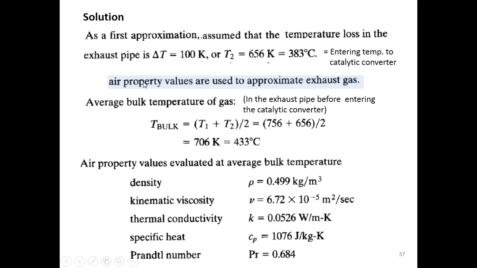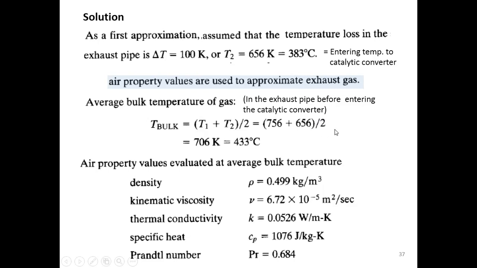The air property values that we use, we use the approximate exhaust gas temperature here, so the average bulk temperature of the gas. We have two exhaust gas temperatures: leaving the engine, which is 756, plus entering the catalytic converter that we assume 656.